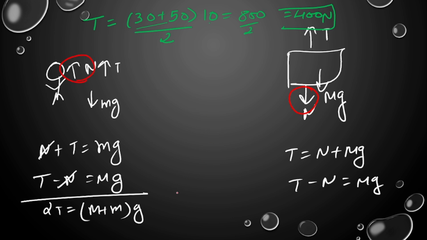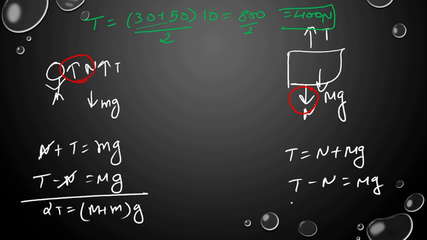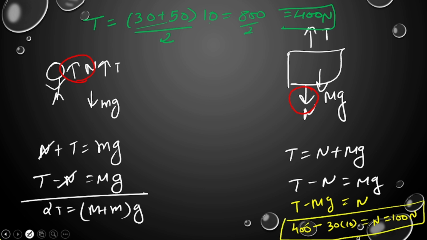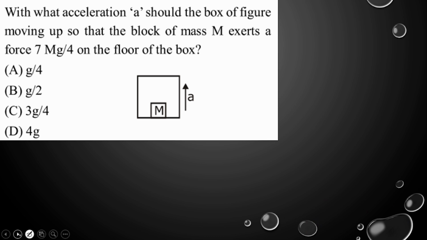If the tension is 400 Newton, then let us find out N. Then I can write T minus mg equals N. Tension is 400 minus mass 30 into g 10 equals N, and N comes out as 100 Newton. So the reading of the weighing machine is 100 Newton.